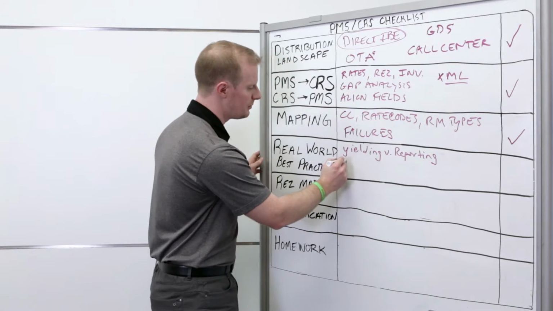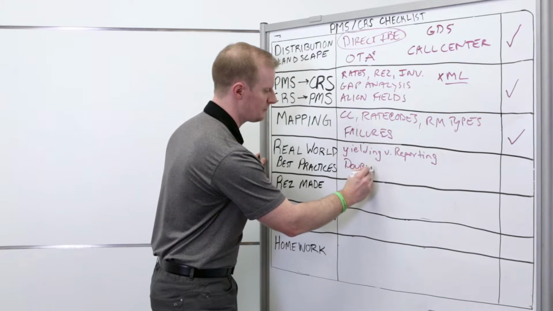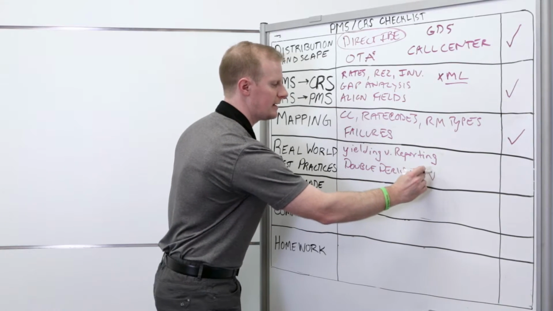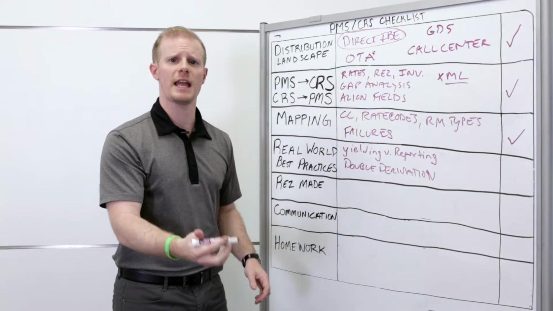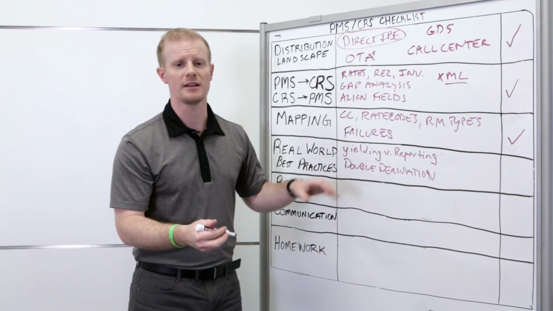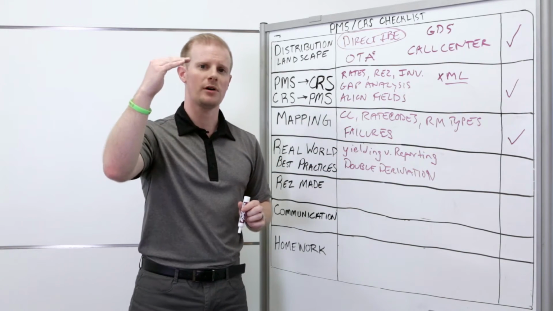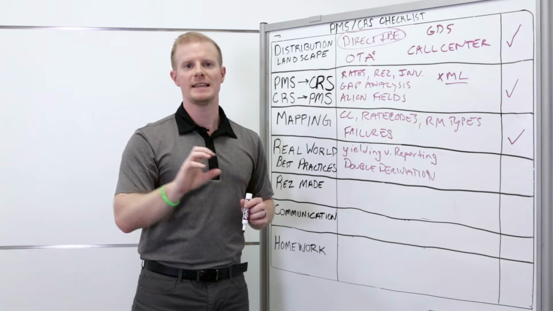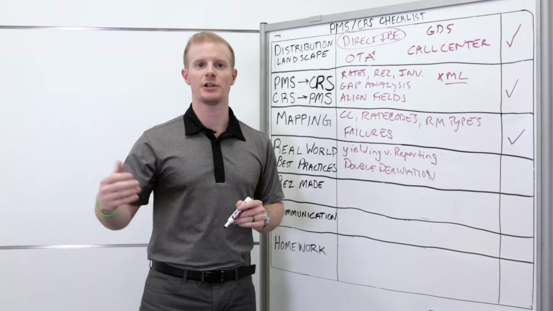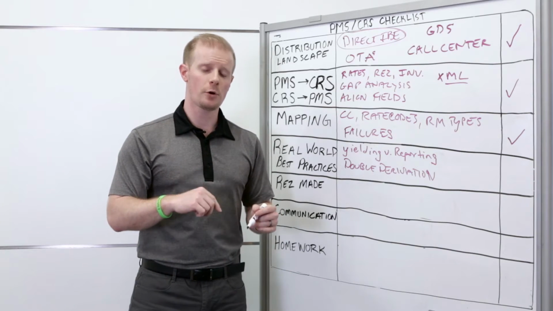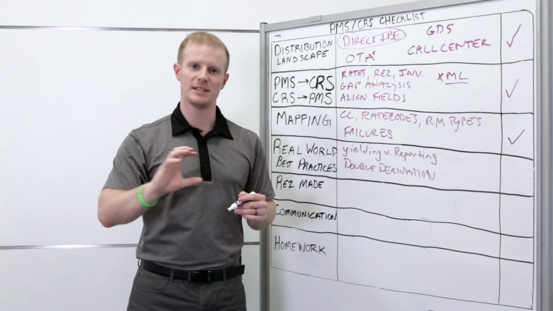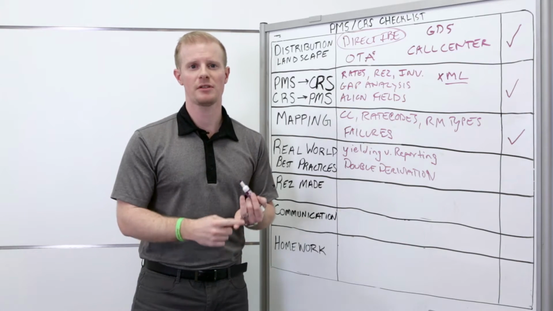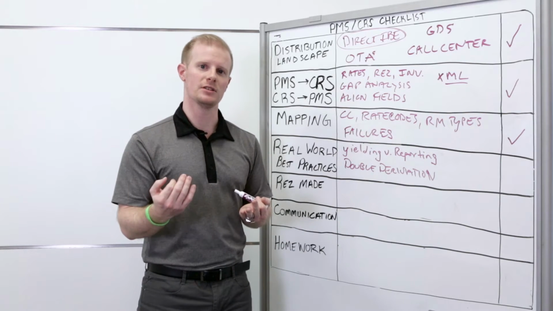Our second item here would be double derivation. In the CRS, hopefully you have the capability of utilizing double derivation. This would be, let's say you have a bar rate and you have advanced purchase linked off of that bar rate. Now you have all of your advanced purchase rates for your OTAs. Formerly, you may have linked your OTA advanced purchases to your bar rate, calculating both the discount and the margin all into one.